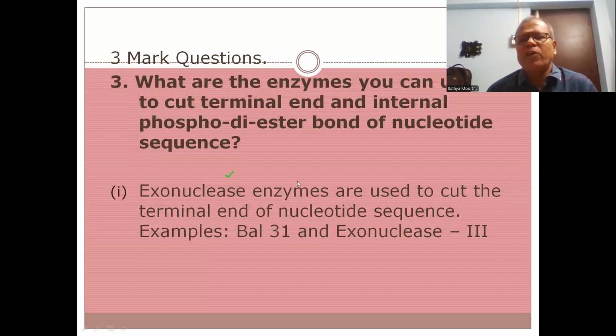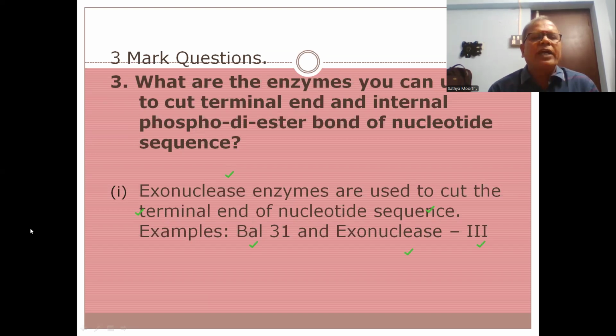Exonuclease enzymes are used to cut the terminal end of the nucleotide. Examples for exonucleases are Bal 31 and exonuclease 3.